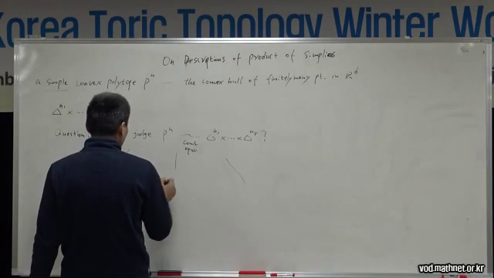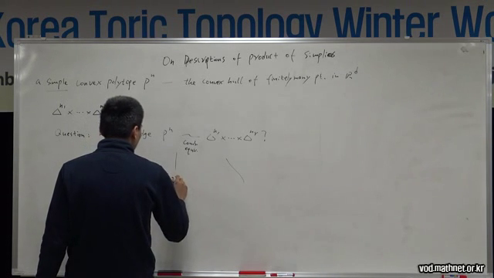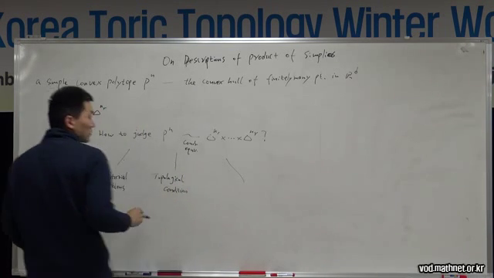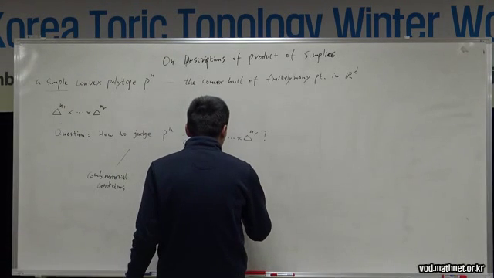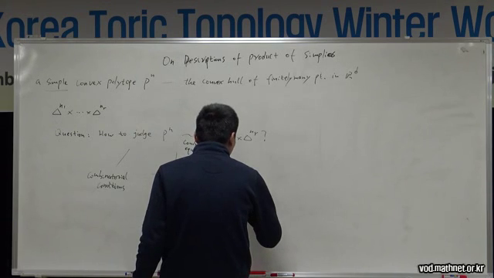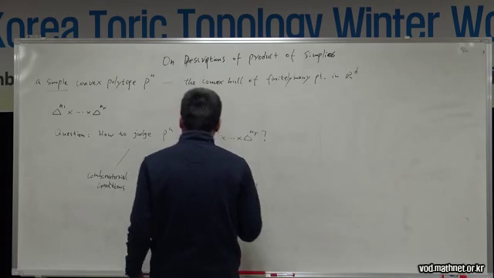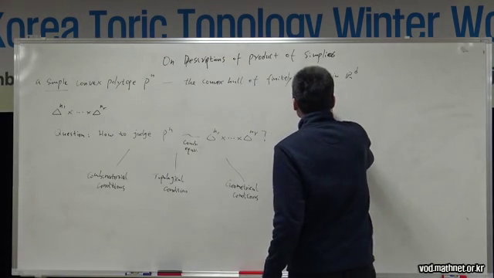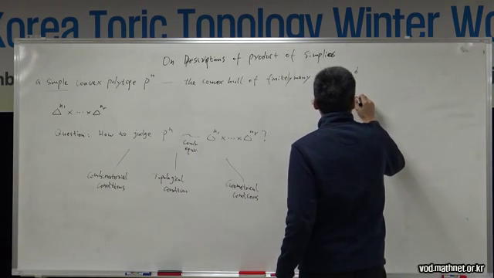The second is topological conditions from the viewpoint of toric topology. And the third is geometrical conditions. Okay. So first, combinatorial conditions.